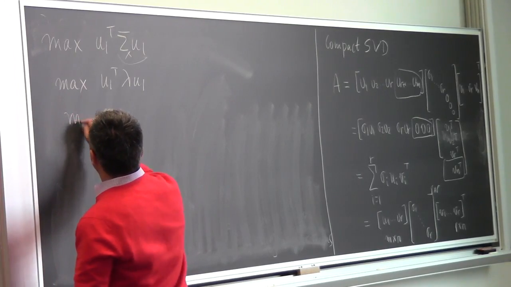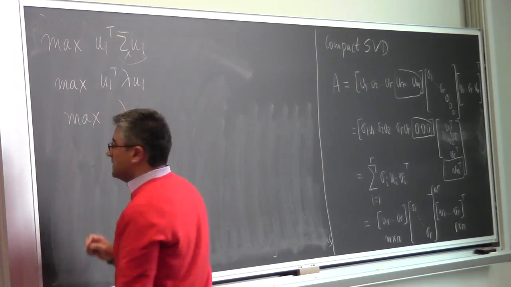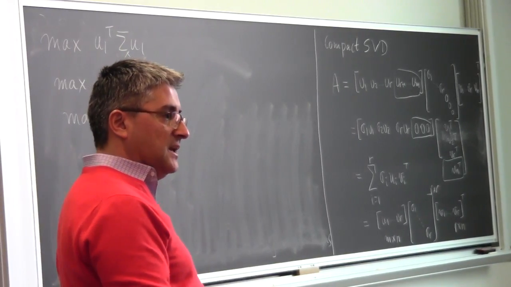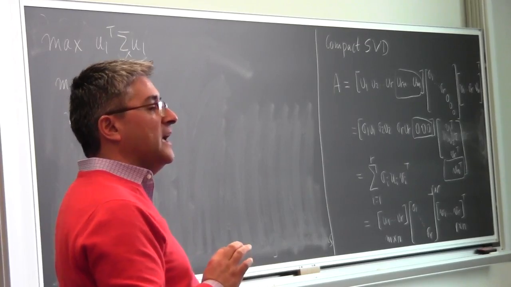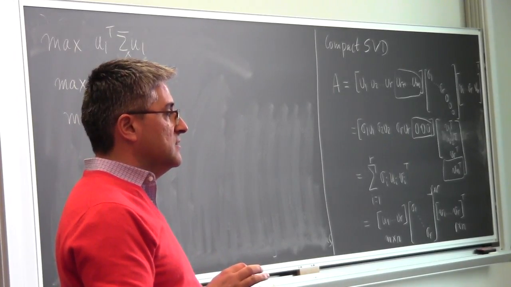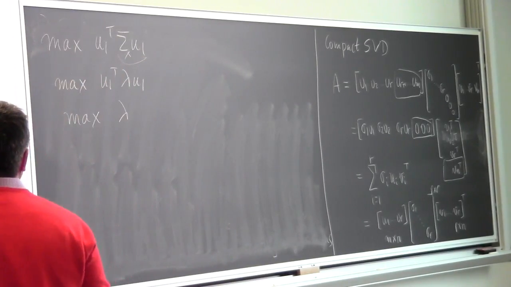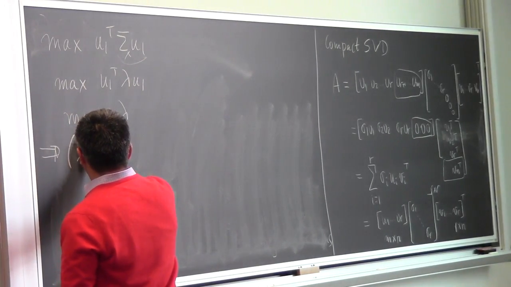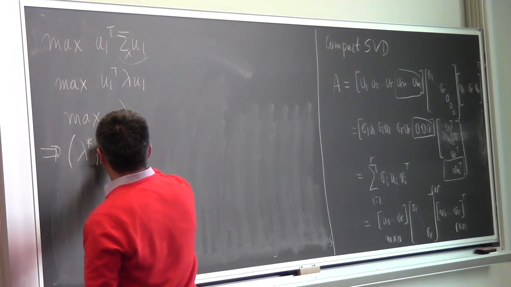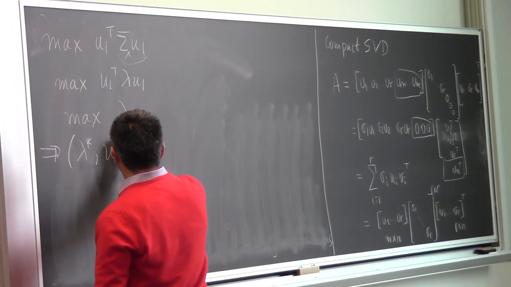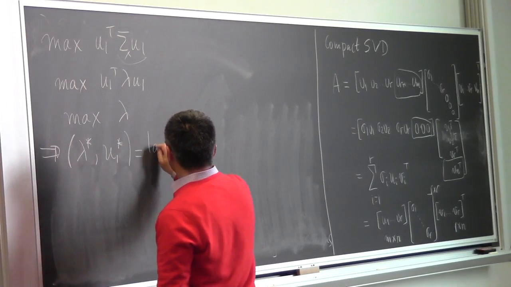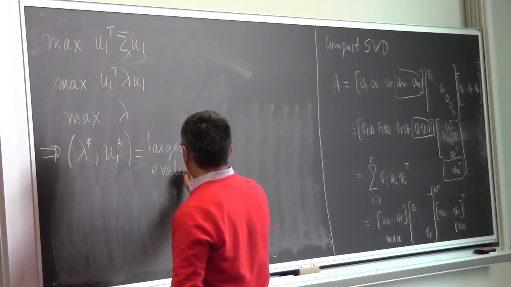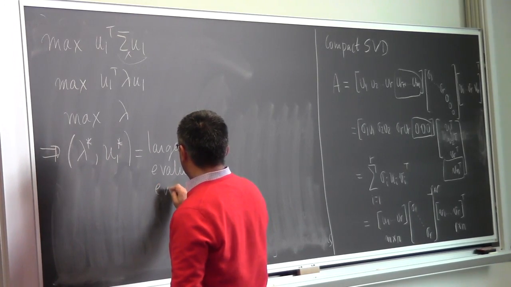So this is the same as maximizing lambda. So that tells us exactly and analytically that out of all the eigenvalues, I got to choose the largest one. So lambda star, u1 star, the optimum solution, is equal to the largest eigenvalue, eigenvector pair.